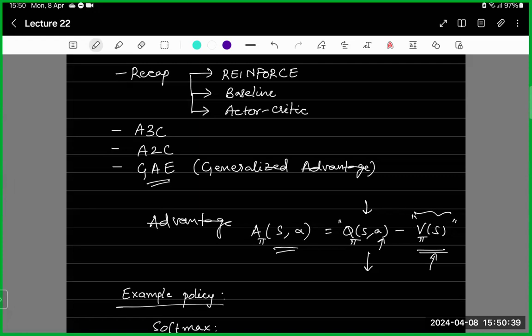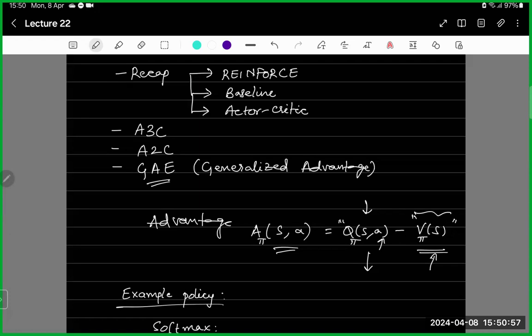We are maintaining one policy network, right, which is parameterized by theta. We are updating the thetas. That is one thing. And if you want to use this in your gradient estimate, then you have to maintain one value network for Q, one value network for V, right?